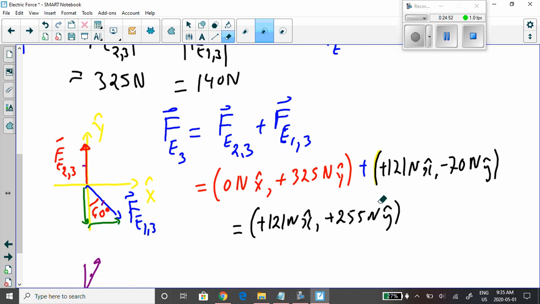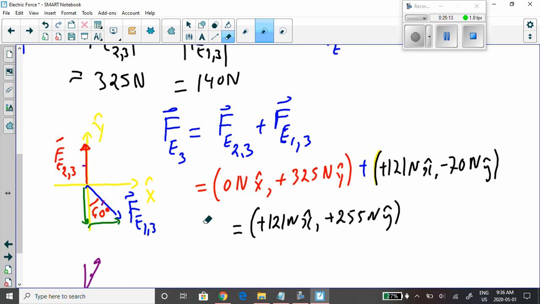So now finally I can add this and know that the total electric force on charge Q3 is given right here: positive 121 newtons x hat plus 255 newtons y hat. Use components, very powerful.